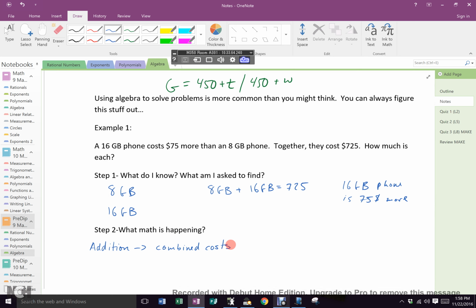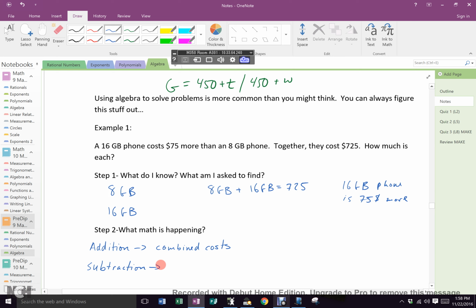Sam again: Where is there subtraction? When you're subtracting the 75 from 725. I like that you said subtraction. I'm having trouble with your reason behind it, so keep it in your head.